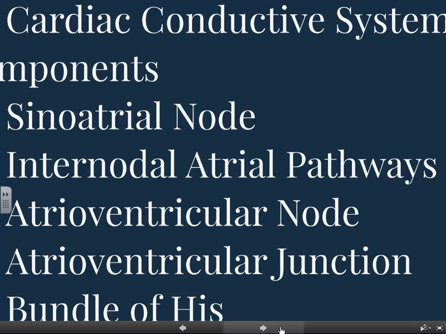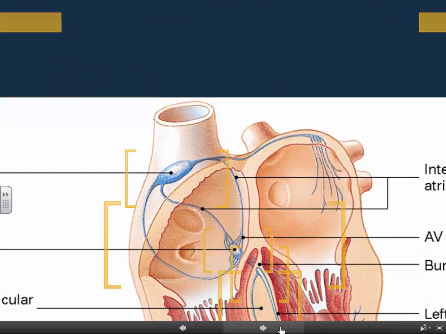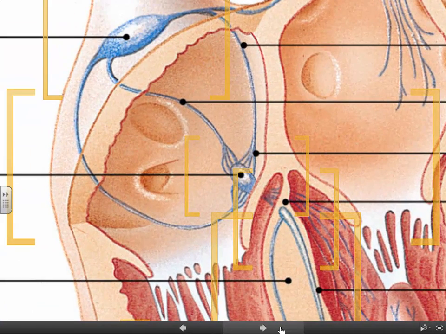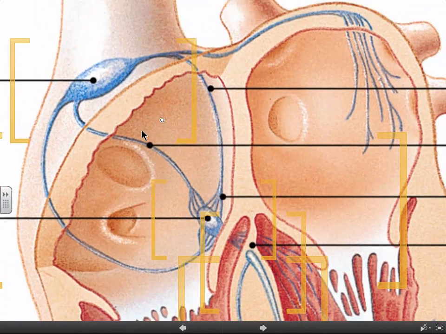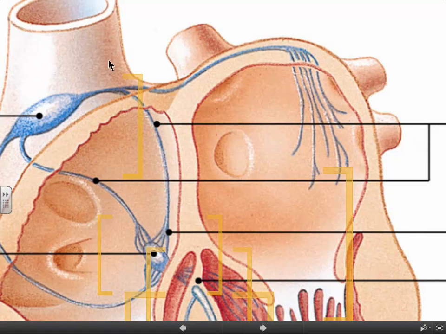And so that's what the internodal atrial pathways do. Now, when the SA node fires, does it just hit the right atrium or does it hit both? It hits both. All right, so it fires and then it follows the internodal pathways along here and along here. All right.